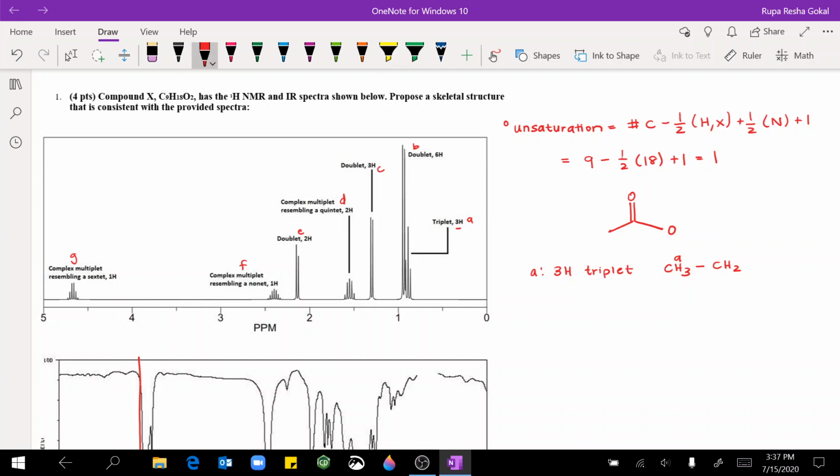So I'm going to jump over to looking at D and E because they're my only 2 hydrogen signals. D is a 2-hydrogen multiplet resembling a quintet. What am I telling you? I'm telling you that there are 5 peaks here, which you could have counted yourself: 1, 2, 3, 4, 5. So 5 minus 1 means 4 hydrogen neighbors. But what I'm telling you is that these are not equivalent neighbors, because if it was a pure quintet, I wouldn't have called it a multiplet.